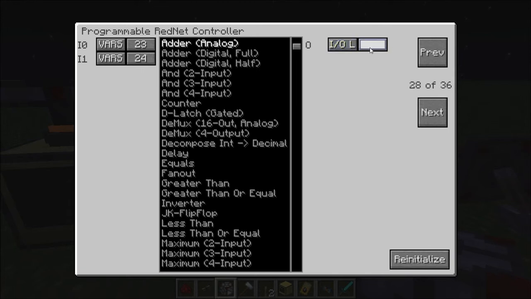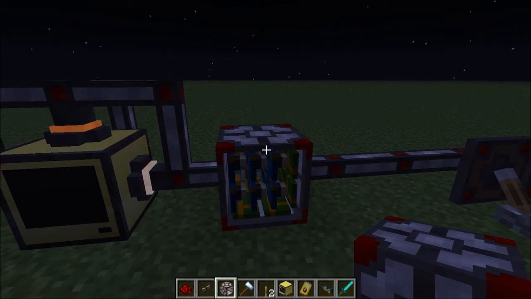Okay, so now we are outputting this to the left on the fourth colour. Okay.